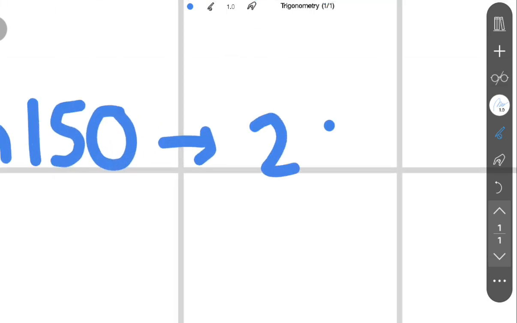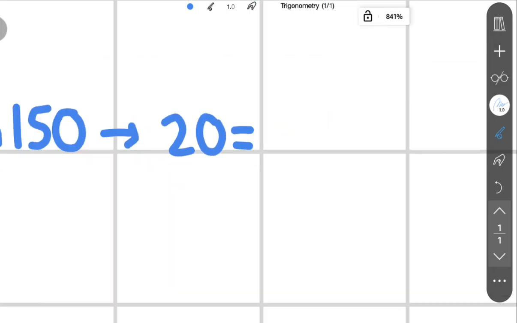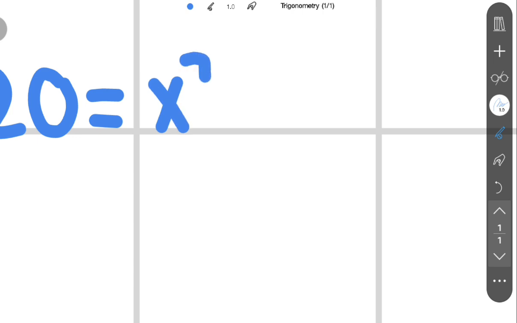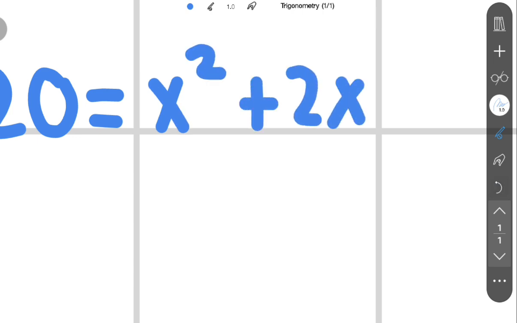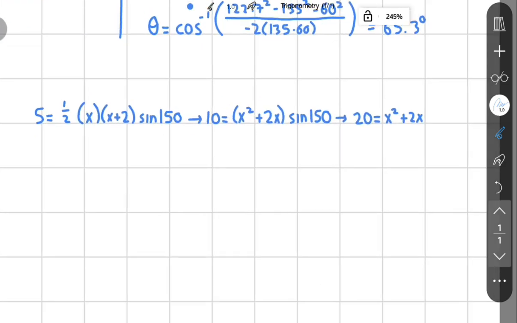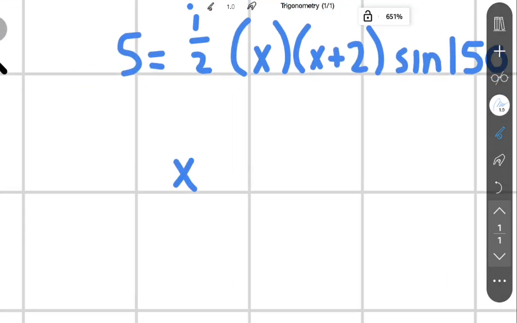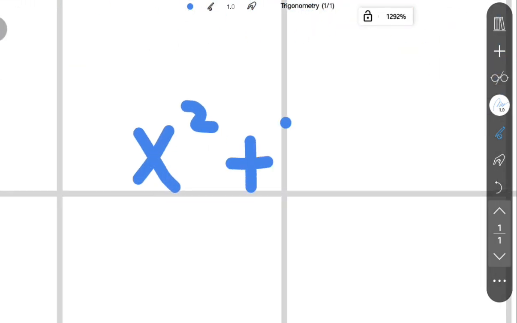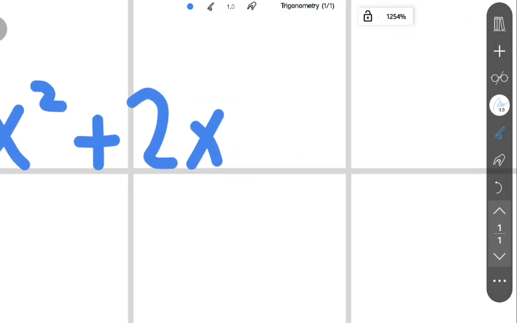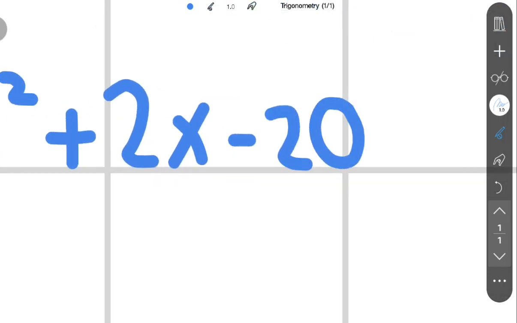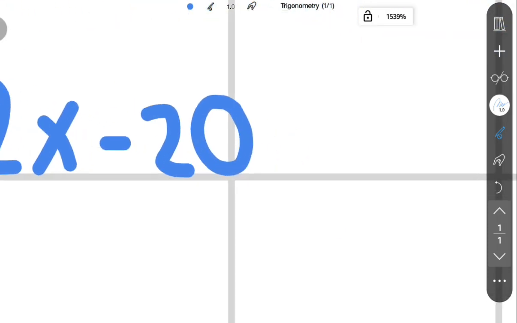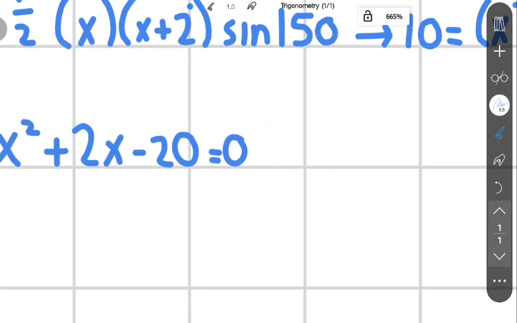So 20 equals x squared plus 2x, and obviously x squared plus 2x minus 20 is equal to 0. So I'll have solutions of x.